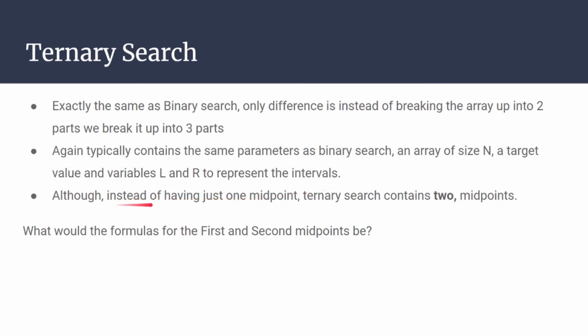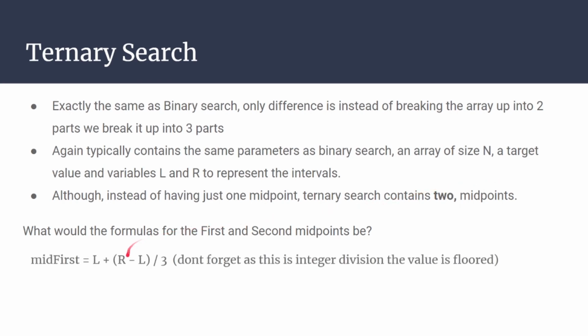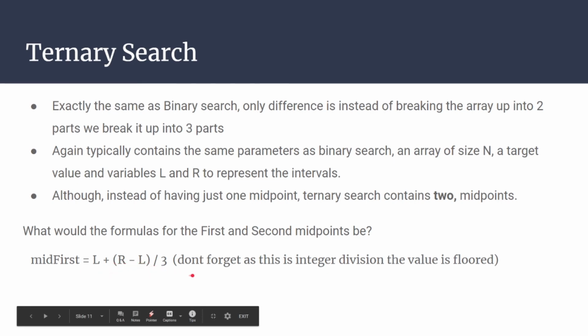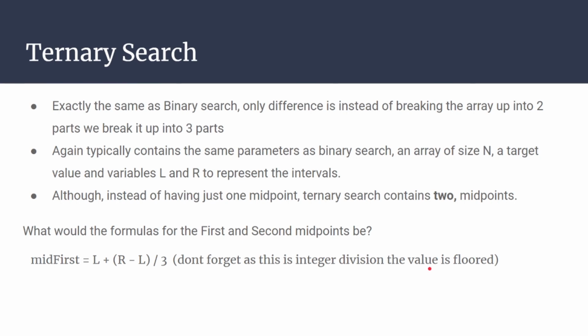Although, instead of having just one midpoint, ternary search has two midpoints. Can you guys think of what the formulas for the first and second midpoints would be? All right, so the answer for the first midpoint would be L plus (R minus L) divided by 3. And don't forget this would be integer division, so the value is floored, so rounded down.